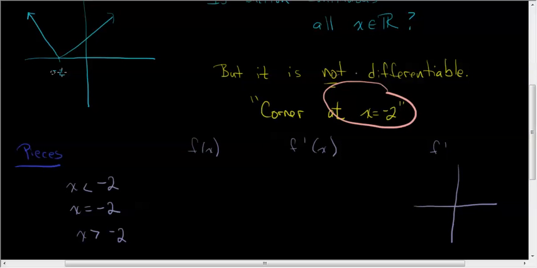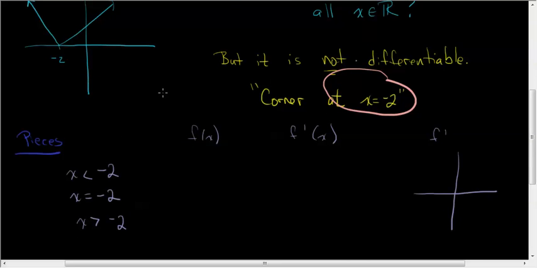Let's look at this function. When x is less than negative 2, give me an equation for that function. It's the absolute value of x shifted over to start at negative 2.